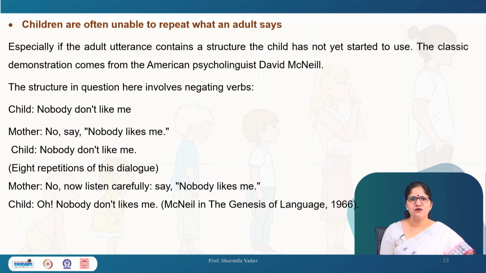Mother, "No. Say, nobody likes me." Child again repeats the same thing, "Nobody don't like me." After eight repetitions of this dialogue, mother, "No. Now listen carefully. Say, nobody likes me." Child, "Oh, nobody don't like me." McNeill, in The Genesis of Language, 1966, did this experiment, and it means children simply don't copy unless and until they come to that age.